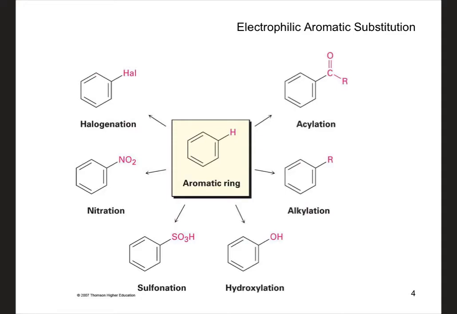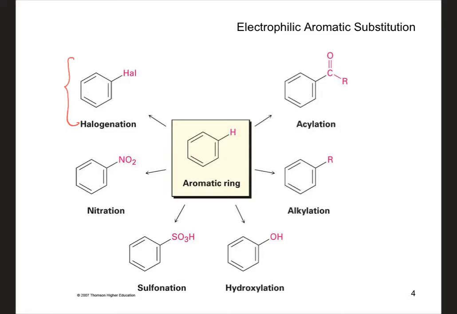So in this chapter, we're going to consider five or six different types of reactions. Some are related to each other. So first things first, we are going to take a look at halogenation. That means how you could put halogen atoms such as chlorine, bromine, iodine.